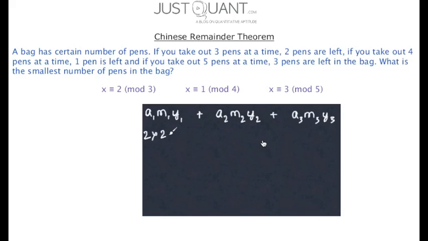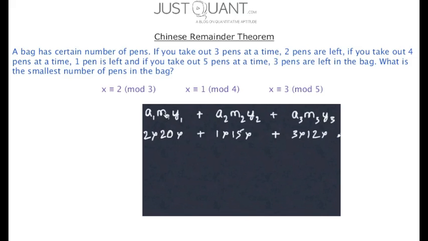So we have m1 equal to 20. We'll calculate y1 later. We'll leave this field blank for the time being. Now a2 is 1 and m2 is obtained by multiplying 3 and 5, which is 15. And we'll leave the y2 field empty for now. a3 is 3 and m3 is obtained by multiplying 3 and 4, which is 12. We'll leave the y3 field empty.